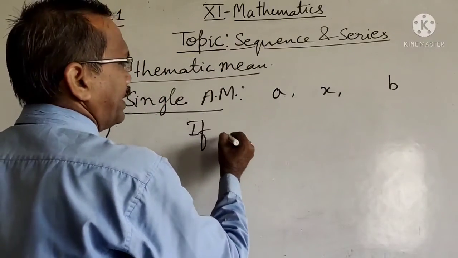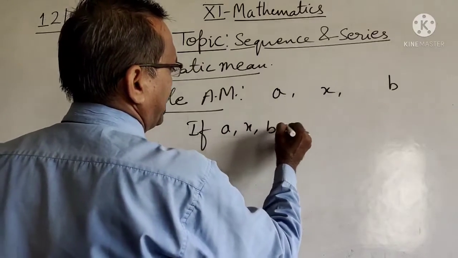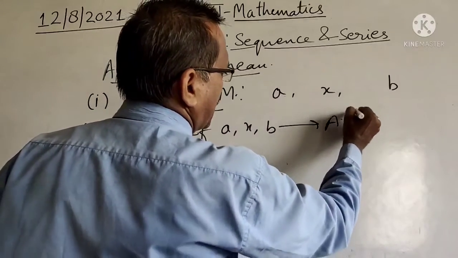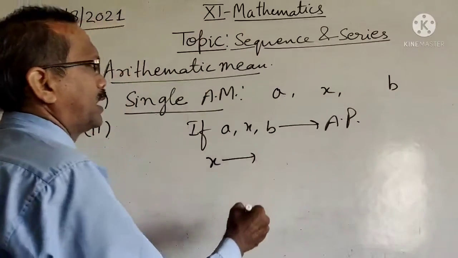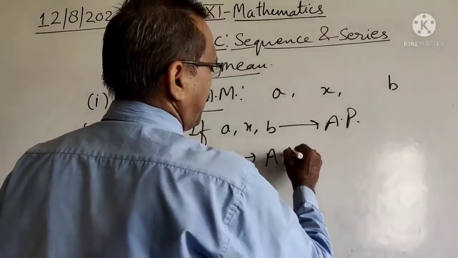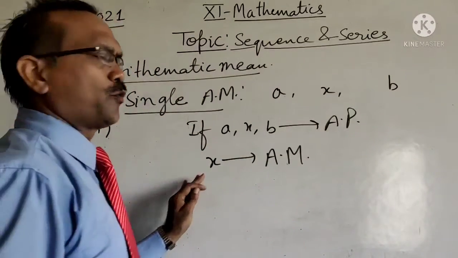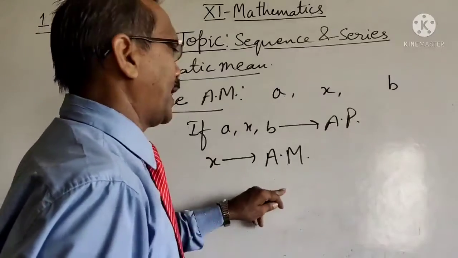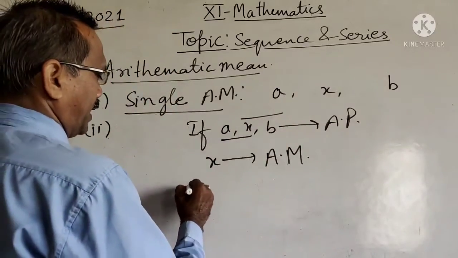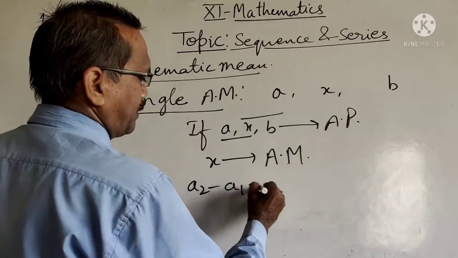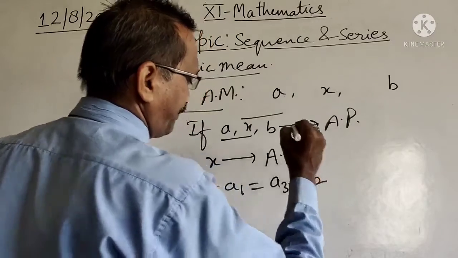If A, X, B are in AP, they form arithmetic progression, then X is called arithmetic mean. And the question is how to find the value of X. So we will see the common difference. Second term minus first term equal to third term minus second term.